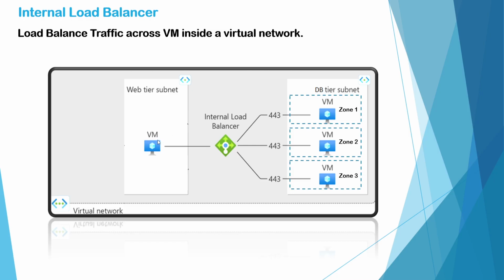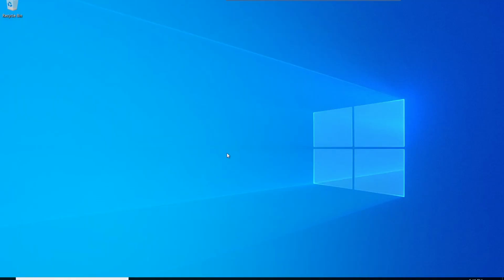So now what I'm going to do is access this load balancer IP from this virtual machine. Its IP is 10.0.0.8 and the load balancer IP is 10.0.0.7, and it will distribute our traffic to these VMs if everything is configured properly.